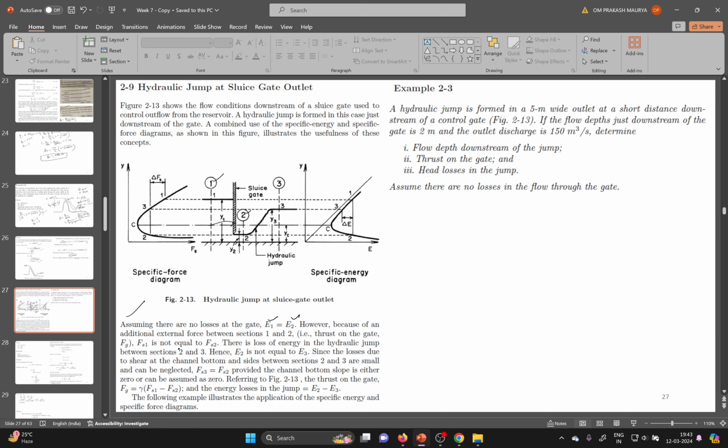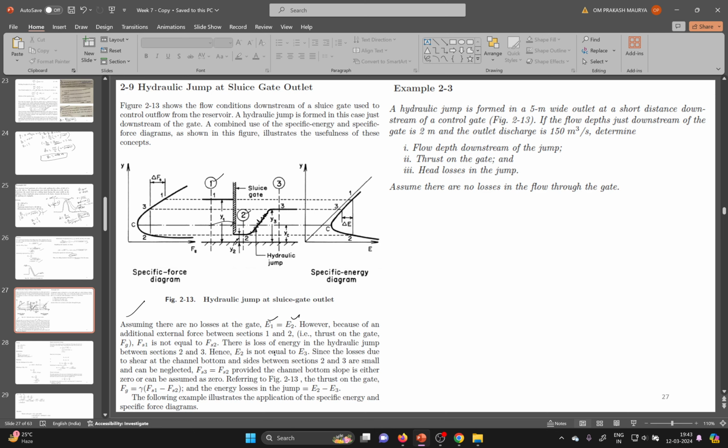So Fs1 and Fs2 will not be equal. Therefore, there is loss of energy in the hydraulic jump. So the specific energy at section 2 and section 3 will not be equal. I hope you got the concept.